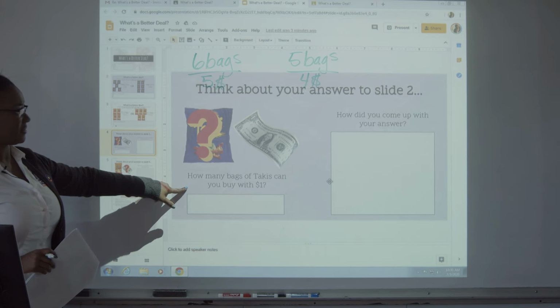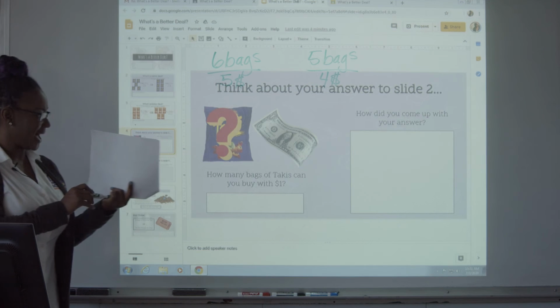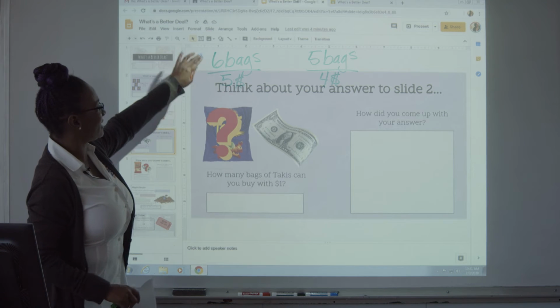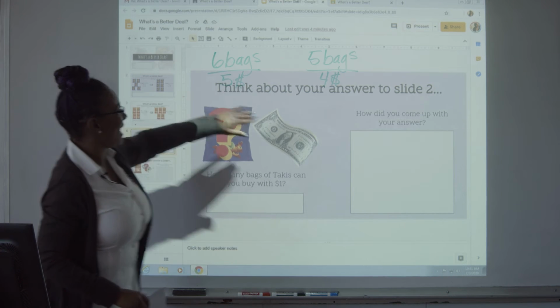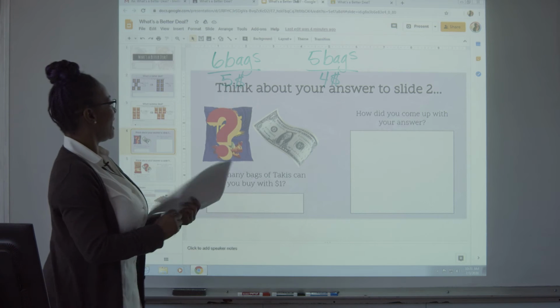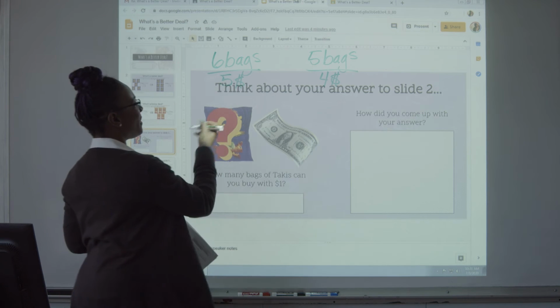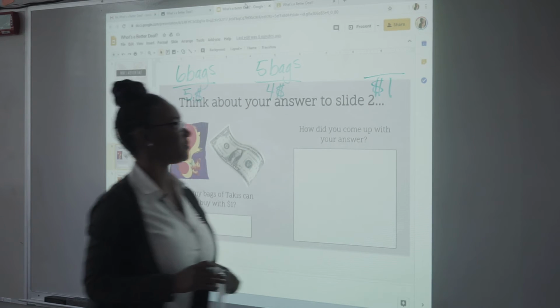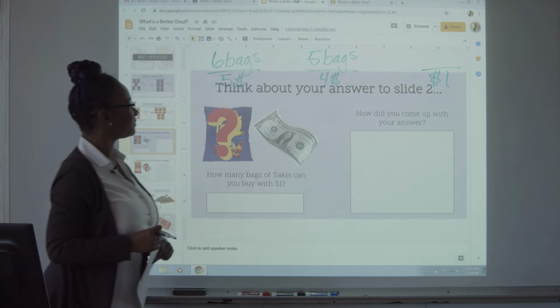How are we going to figure that out? So how many bags of Takis can you buy with $1? Here we go. Well, we had the situation, 6 bags for $5 and 5 bags for $4. And so right now we need to figure out how many bags can we buy for $1. How do we do that?